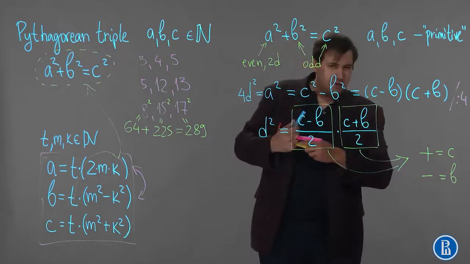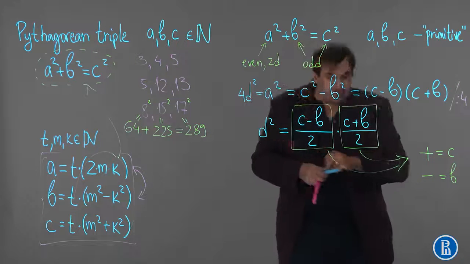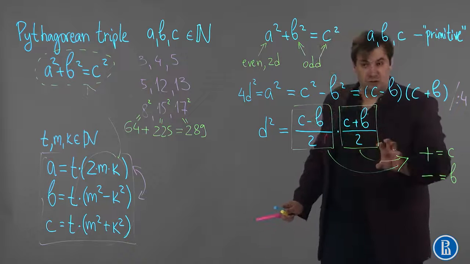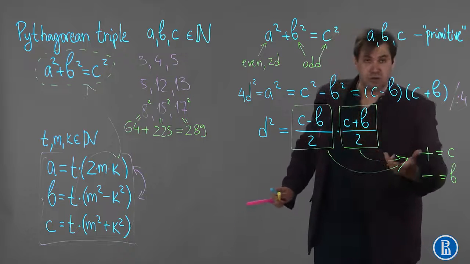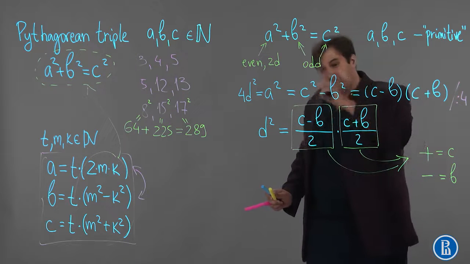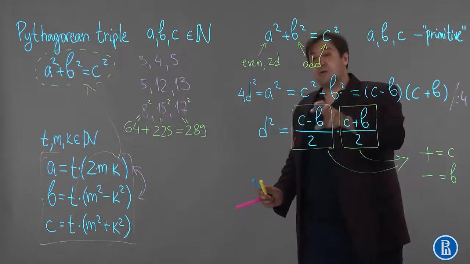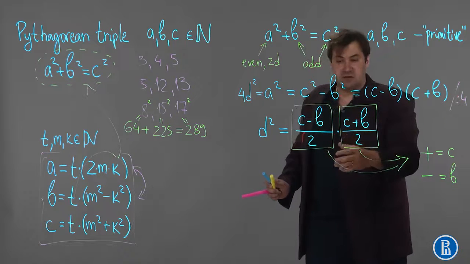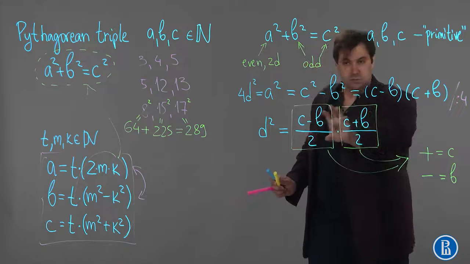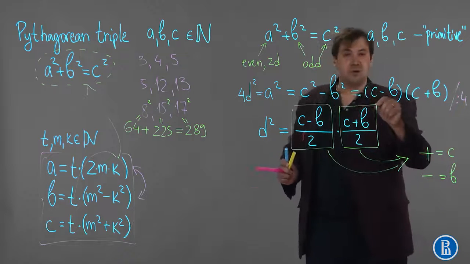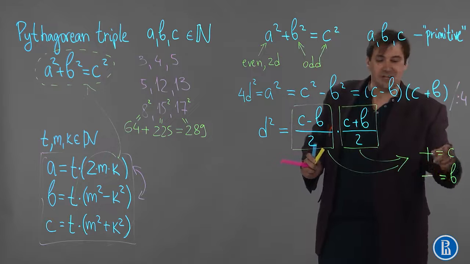You know what this means, right? This means that these two fractions, I mean these two integers, are also mutually prime. Because if there were a common divisor of these two numbers, then the same number would be a common divisor for b and c.